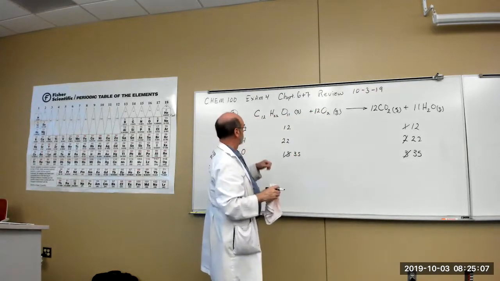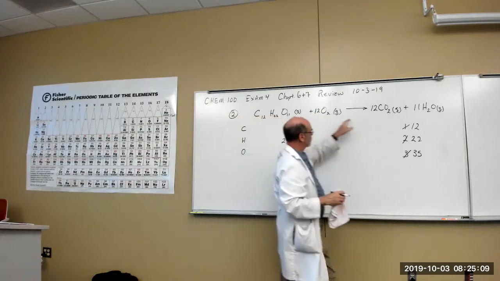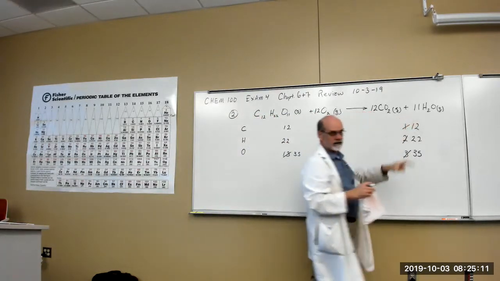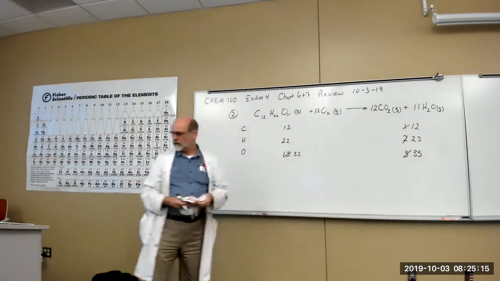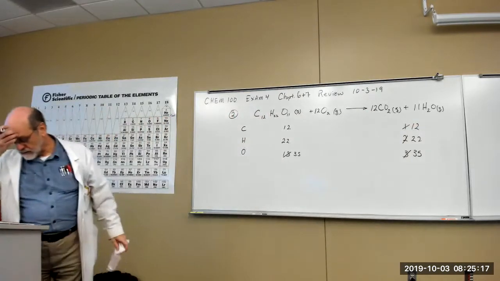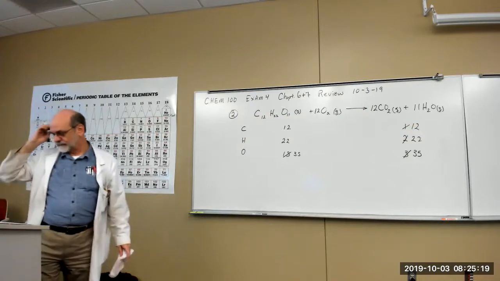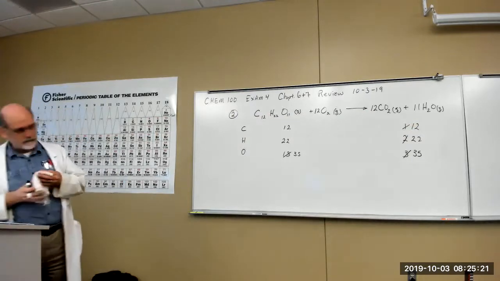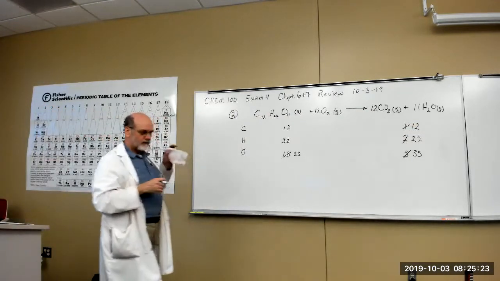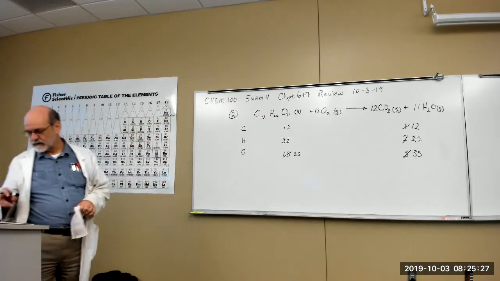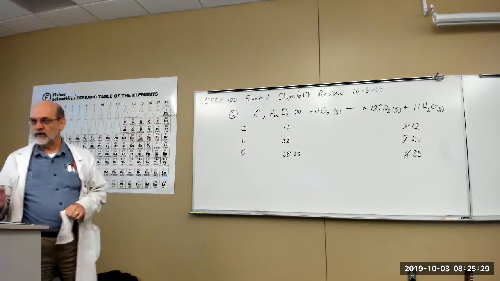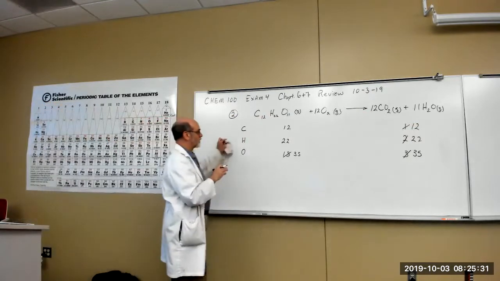Okay, so we got 1, 12, 12, and 11. Right. If we tallied right, that should be the answer. And let's see. Well, we're not finished yet. That's the first step. You have to balance the equation before you can equate moles of one to moles of the other. Now we have a balanced equation.